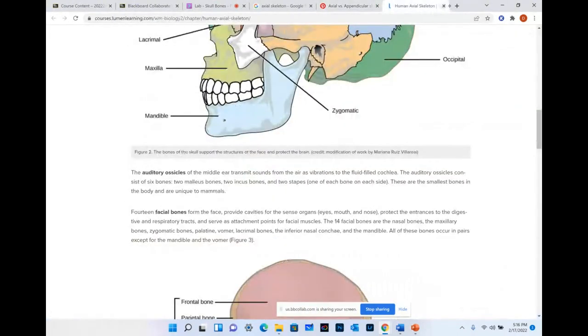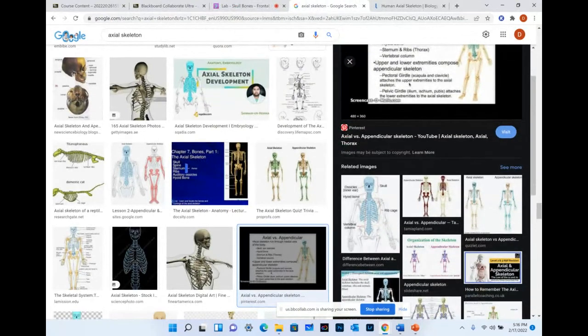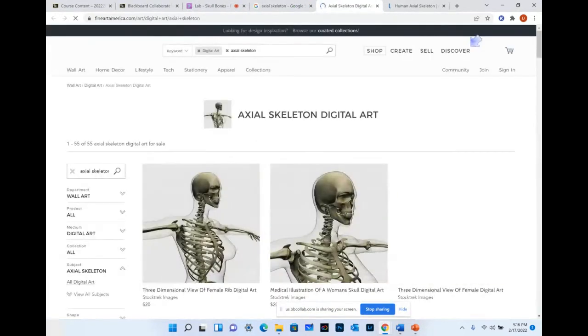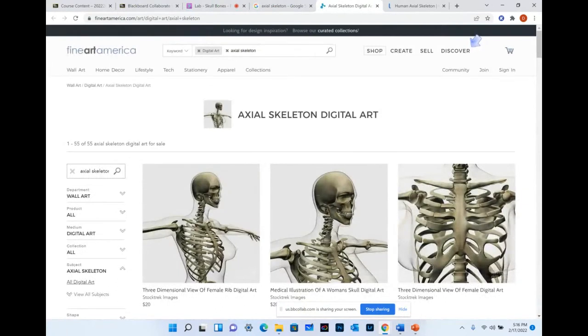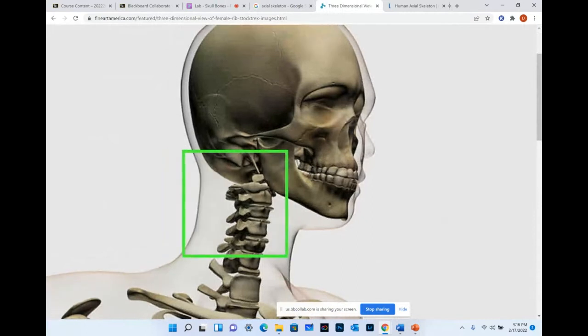Okay, so now if you look closely, you can see in this one, right here, you see this bone?